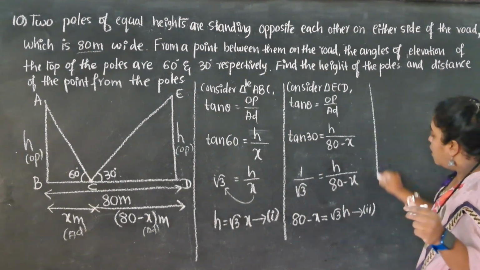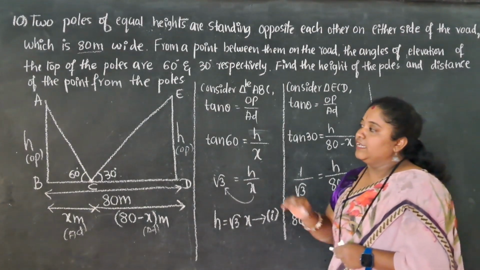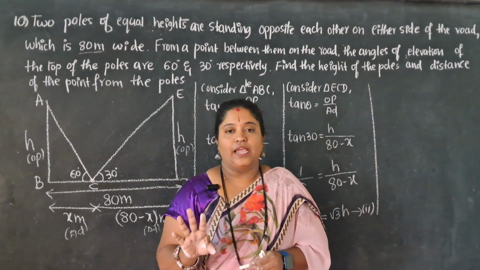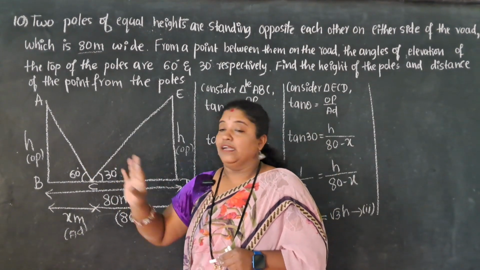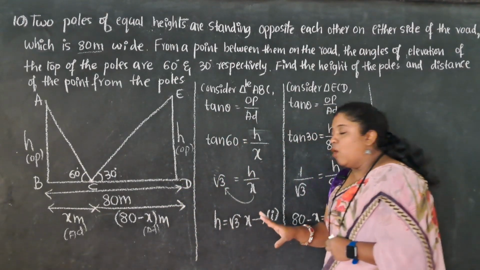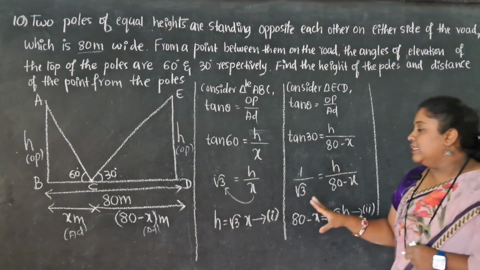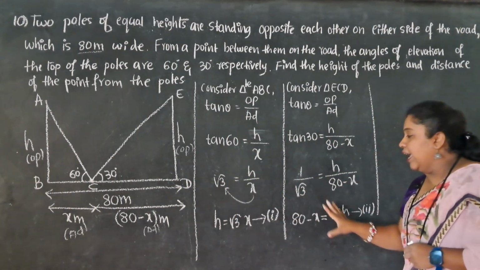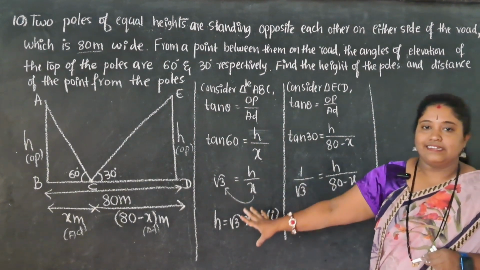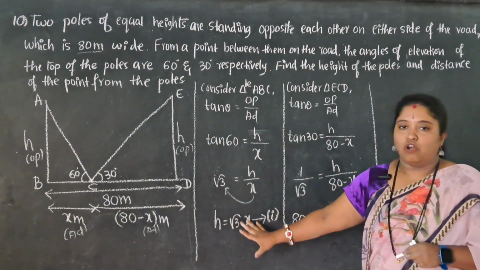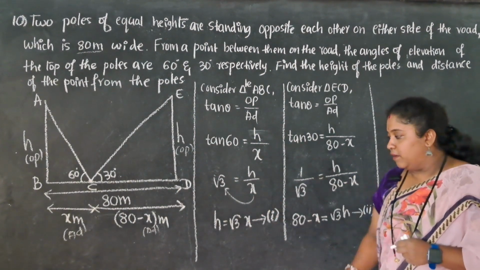Let it be equation number 2. Okay. Now, first let me calculate the height of the pole. If I want to calculate the height of the pole, either I will represent x in terms of h or h in terms of x. That is given to you.